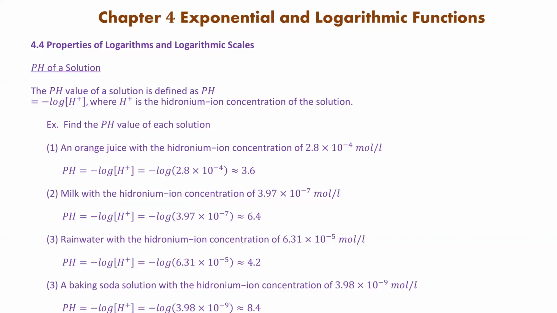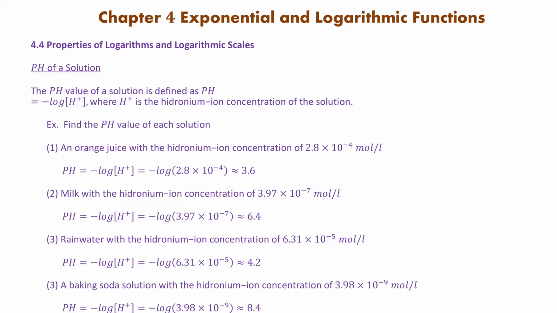And if you use a calculator, you get 6.4. So again, it's acid, but it's a weak acid. That means it doesn't hurt too much. You can drink as much milk as you want. Okay, milk is good.